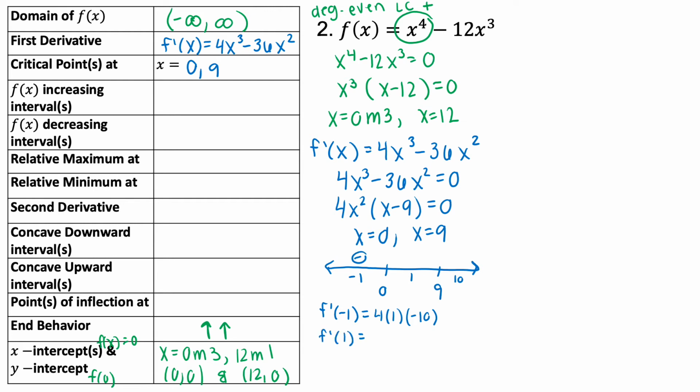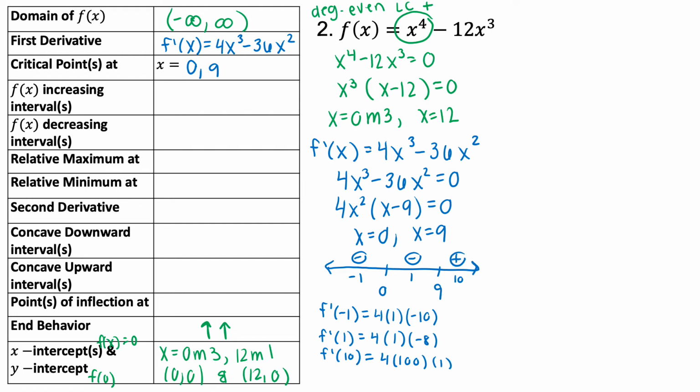F prime of 1 gives us 4 times 1 squared is 1, times 1 minus 9 is -8. Positive, positive, and negative give us a negative. And finally, f prime of 10 gives us 4 times 100 times 1, which is a positive.